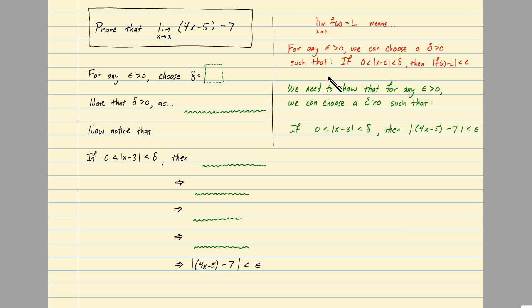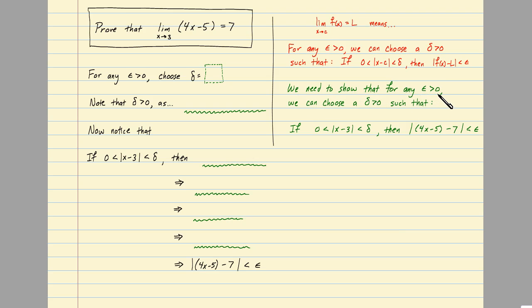Okay? Now that's the general epsilon delta definition of the limit. For this particular context, notice that c is 3, f of x is 4x minus 5, and L is 7. So substituting those things in here, and here, and here, we need to show this in green.